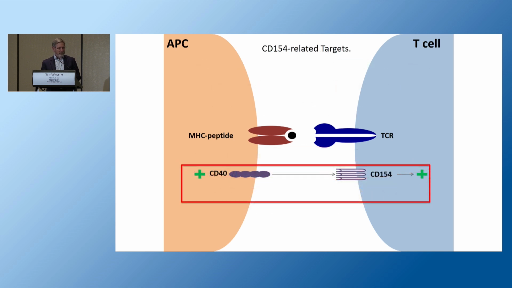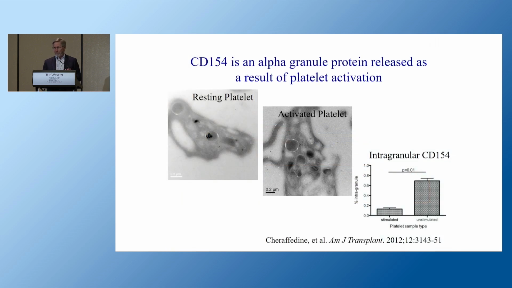There's another set of receptors, CD154 and CD40, which is really active in the targeting milieu right now in transplantation. One of the interesting features of this, though, is that CD154 exists not just on cell surfaces, but as circulating trimers, particularly as they are released from platelets. So inside alpha granules of platelets, CD40 ligand trimers exist.